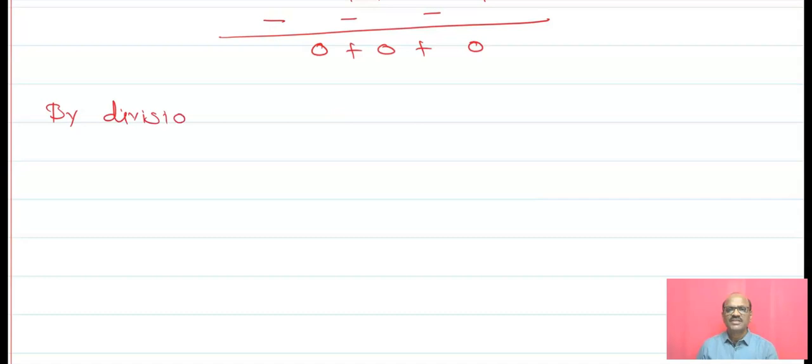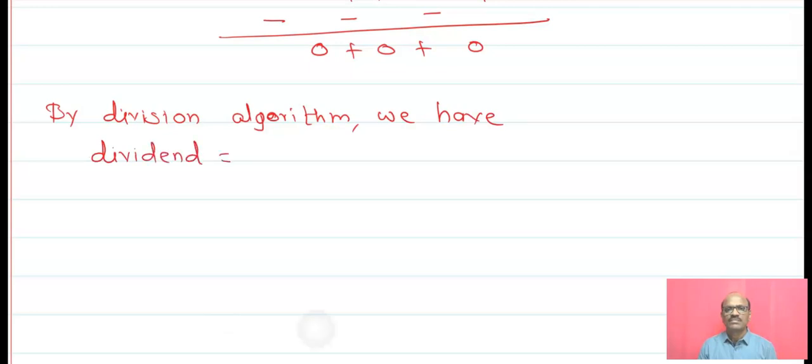Now again by the division algorithm, we have dividend is equal to divisor into quotient plus remainder.